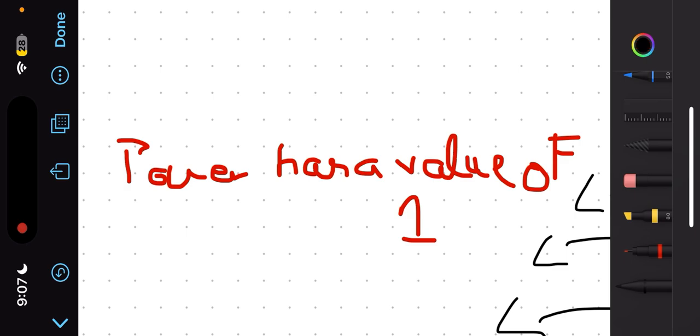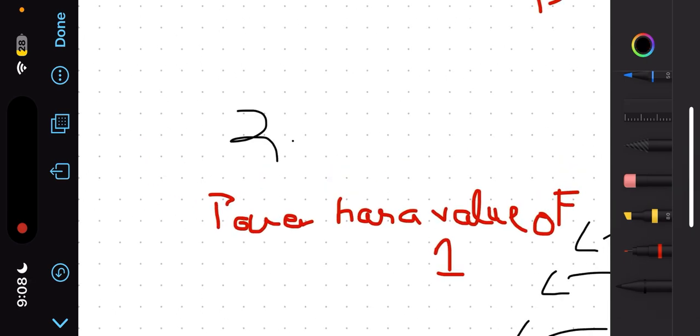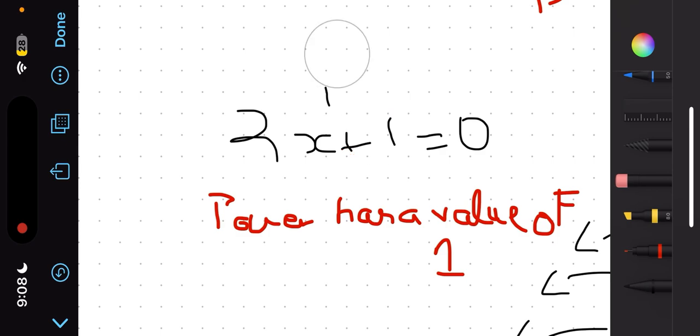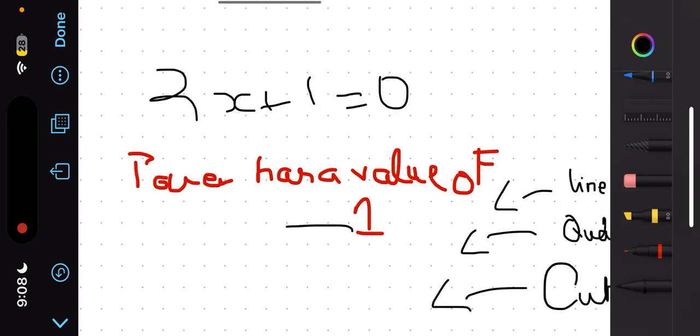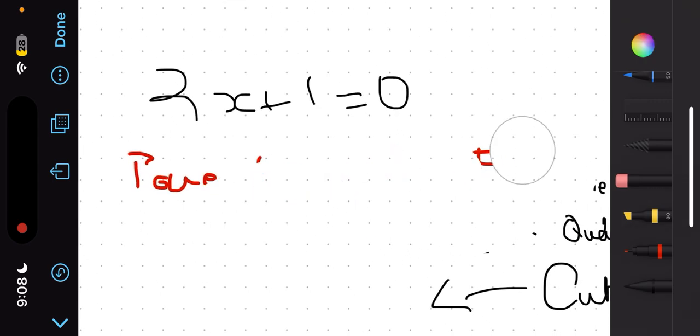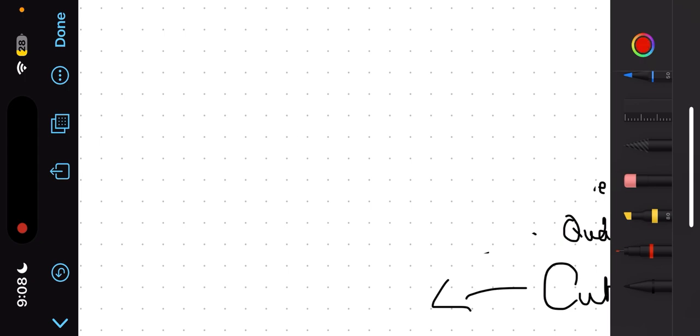For suppose 2x plus 1 is equal to 0. So here x has a power of 1. Every variable has a default power of 1. So it is a linear equation. Now the second thing is the quadratic equation.